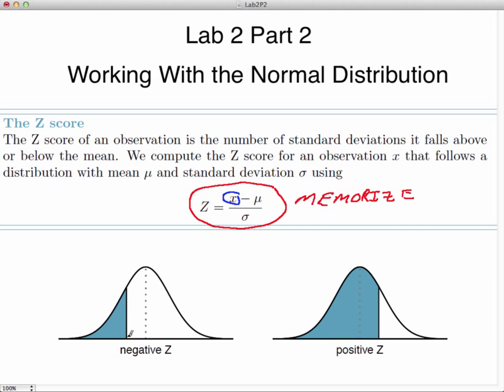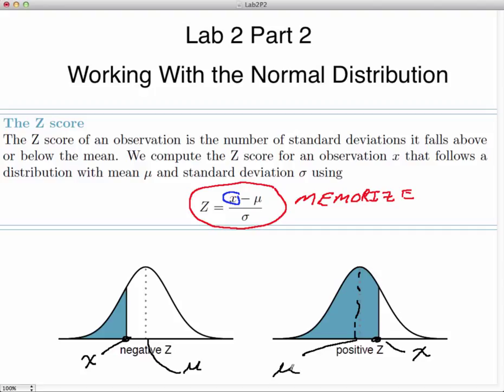Okay, so if your mean is right here, which it will be in a standard normal distribution, or any normal distribution, because it's bell-shaped unimodal, if you have a negative z-score, then that means your observed value x fell below the mean. If you have a positive z-score, again, okay, so right down here, that's mu again, and then this point over here, that's x. If you have a positive z-score, then that means that your x fell above the mean.